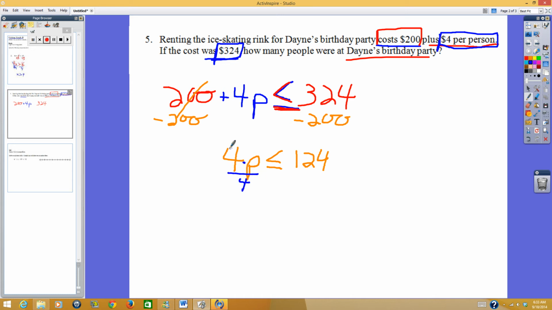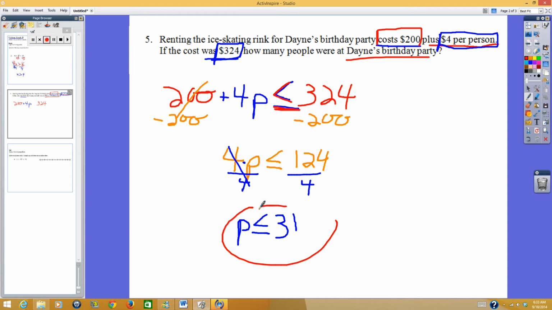So you're going to divide by 4 on both sides. And the answer that you're going to come up with if you do 124 divided by 4 is that the number of people that could have come is less than or equal to 31. Okay? So that's your answer for number 5. And hopefully that made sense.